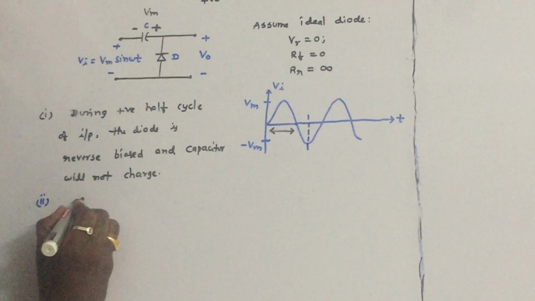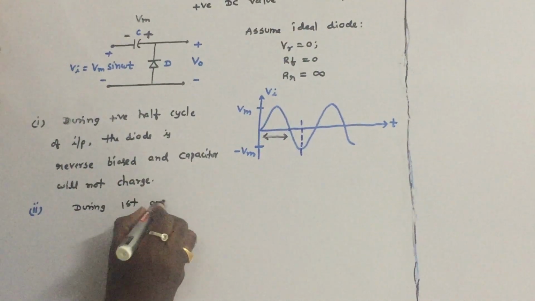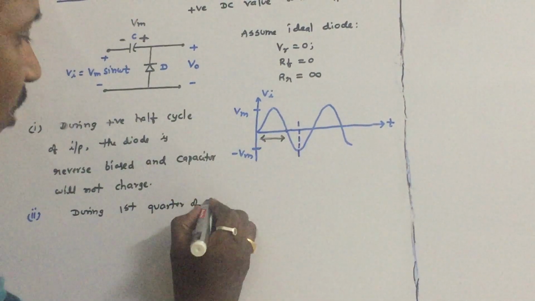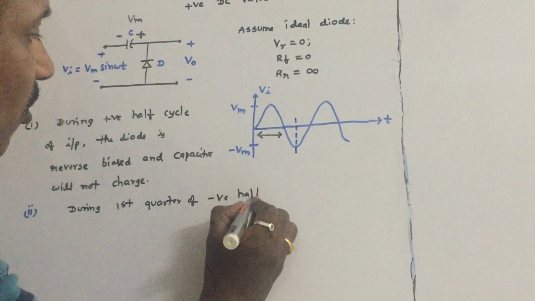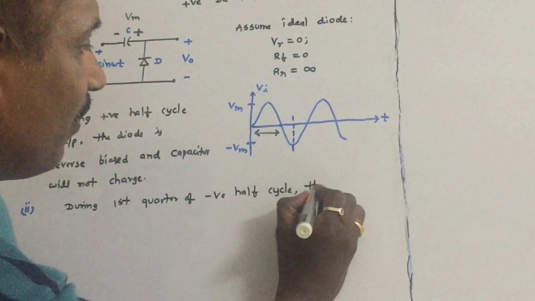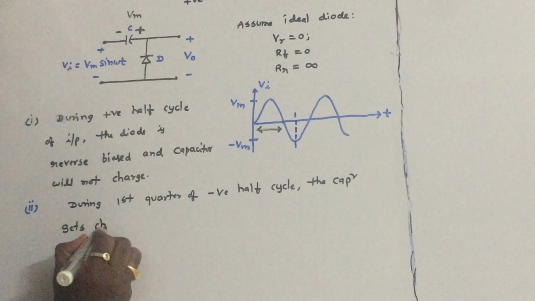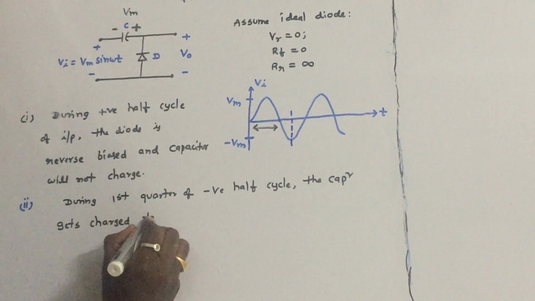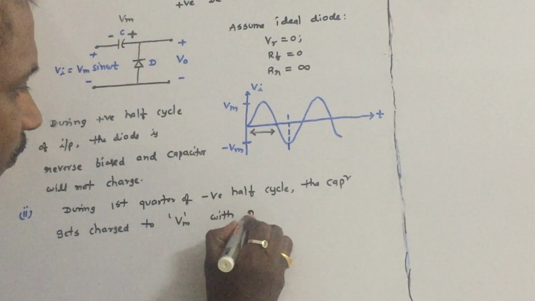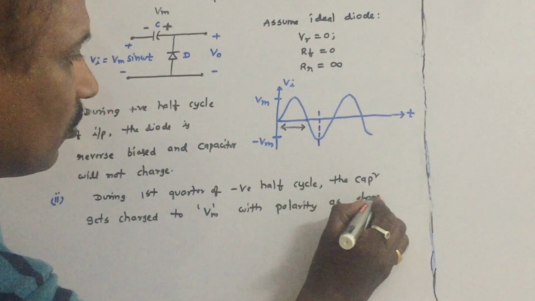So that is what you have to write: during the first quarter of the negative half cycle, the capacitor gets charged to Vm with polarity as shown.